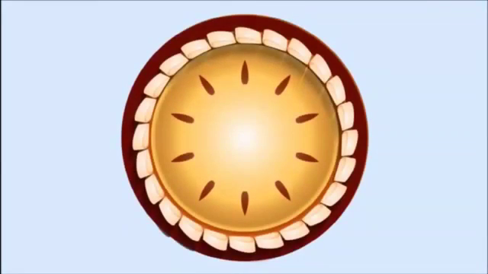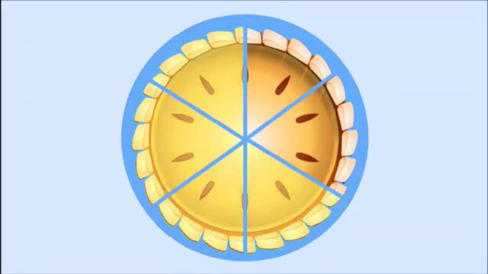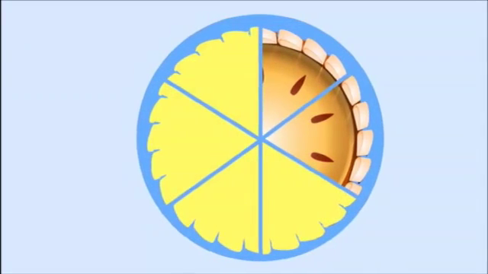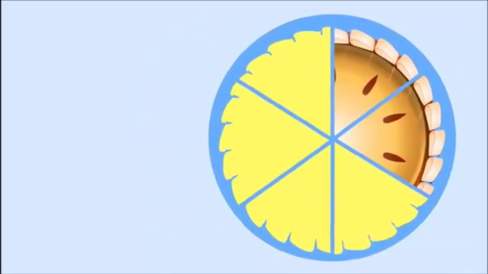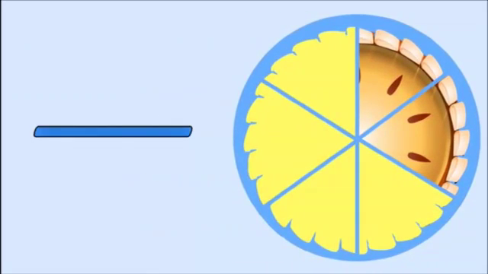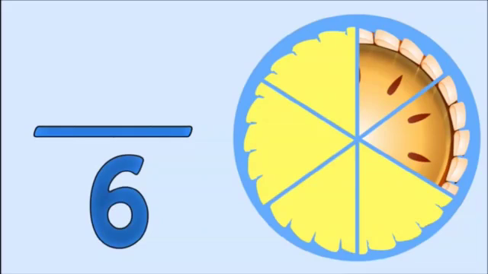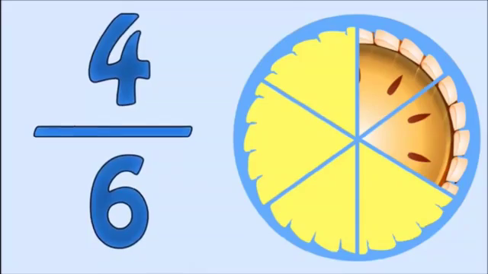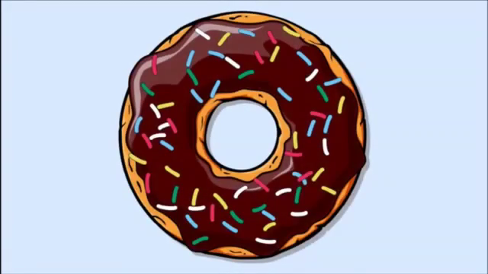Let's try another example. This pie is divided into 6 pieces, and you eat 4 pieces of it. If there were 6 pieces of pie and you eat 4, what is the denominator of your fraction? That's right, 6. What is the numerator? Yup, it's 4. That means that you ate 4/6 of the pie. Let's try one more example.